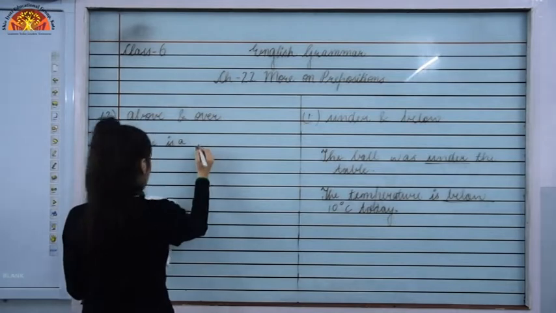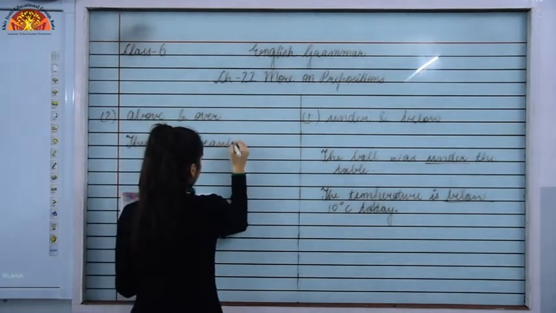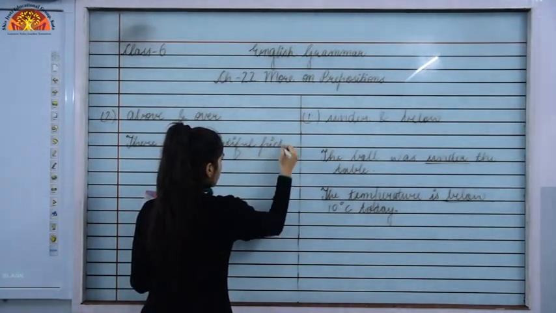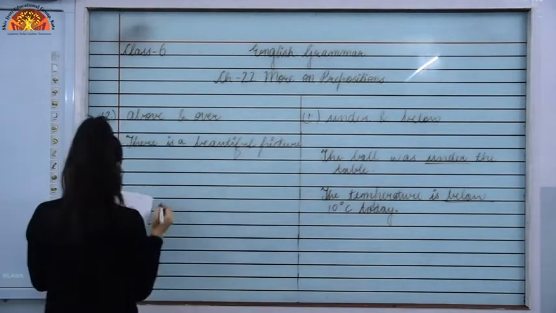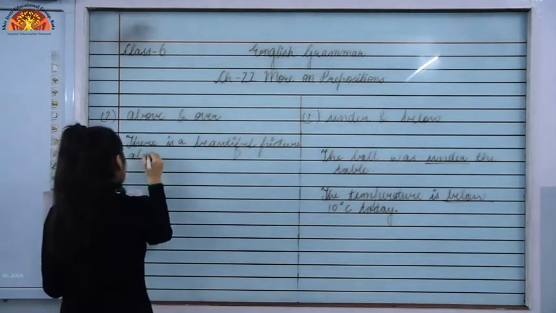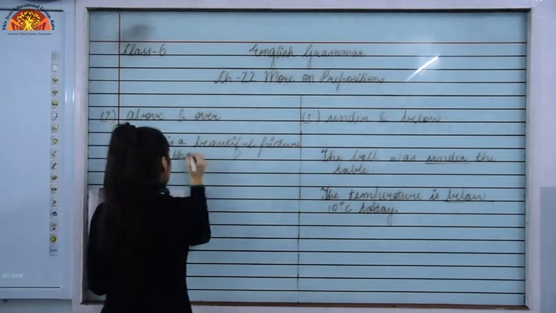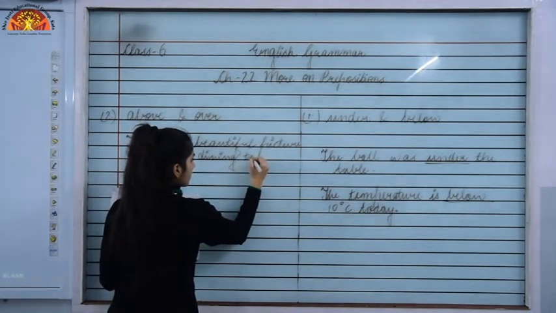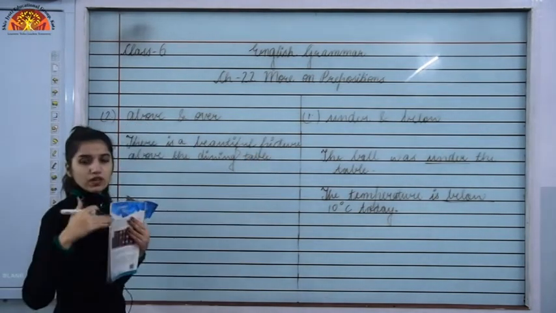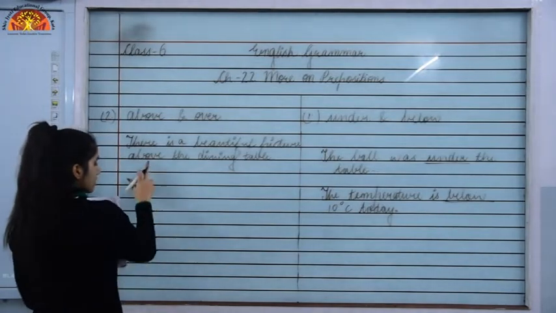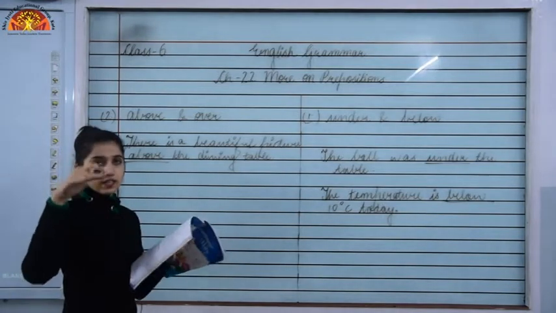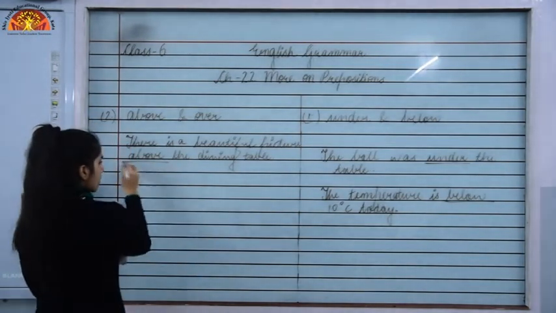There is a beautiful picture above the dining table. Above the surface, isn't it? That is why we have used above when we are referring to something that is at a higher or upper level.